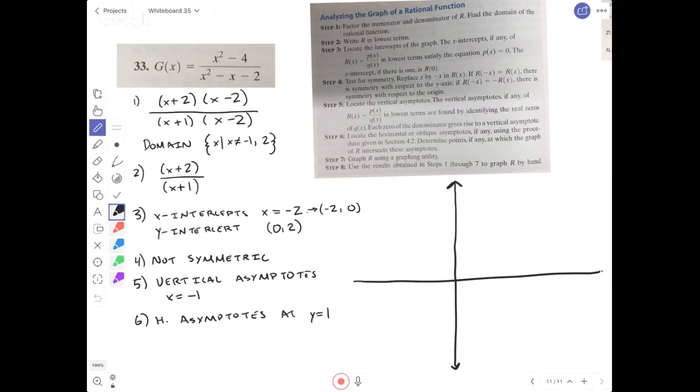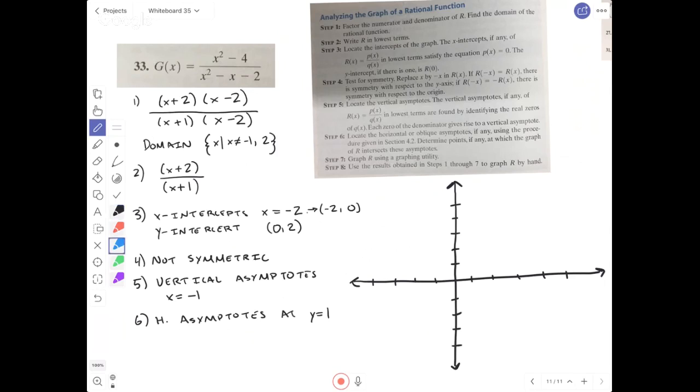Okay, so I'm putting in some details. Let's get some scaling. 1, 2, 3, 4, 5, -1, -2, -3, -4.